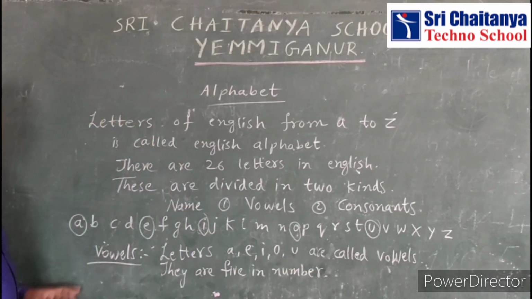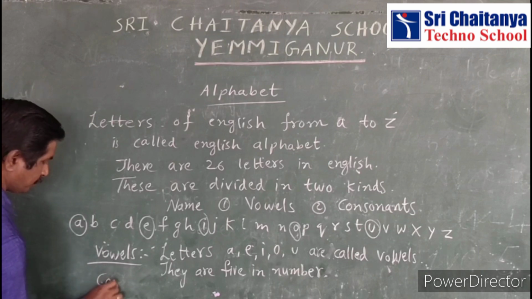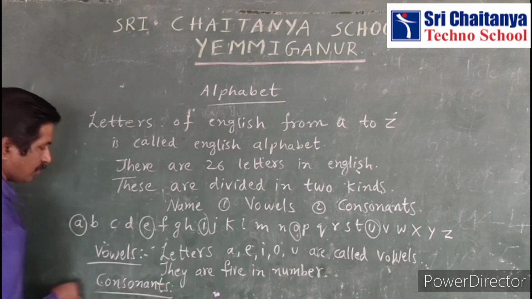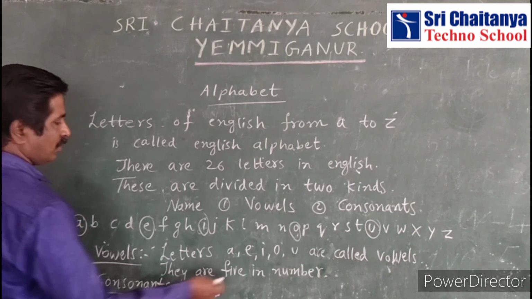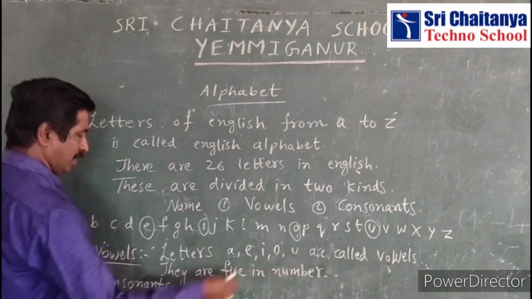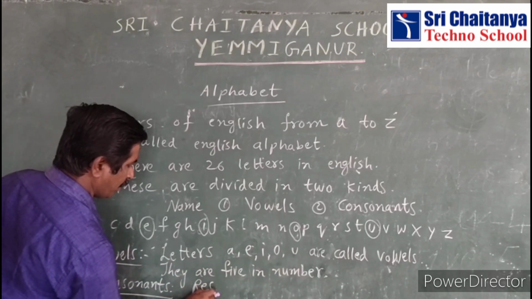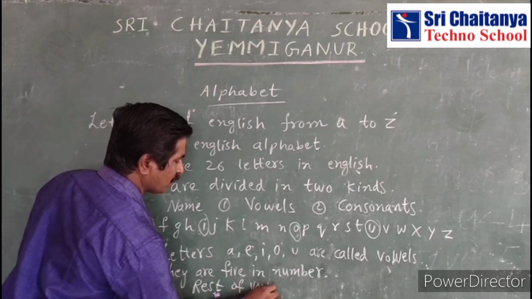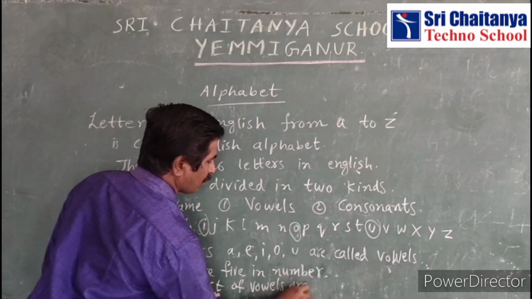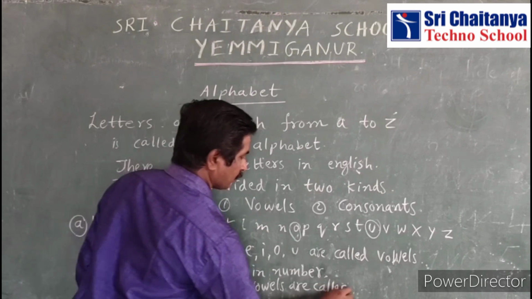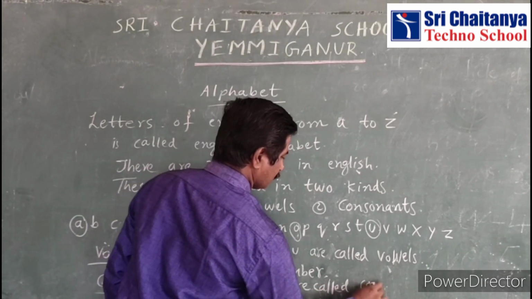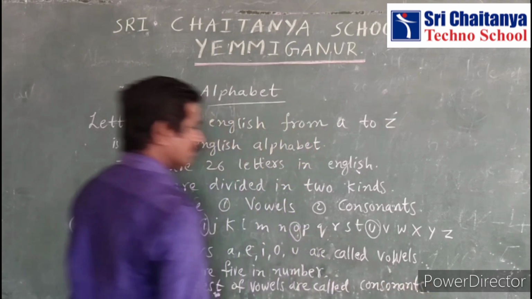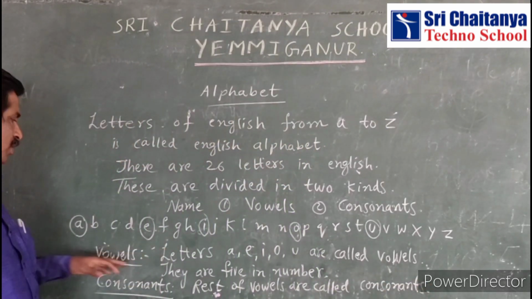Next, coming to the next point, consonants. What are called consonants? The remaining letters, other than A, E, I, O, U, are called consonants. Rest means remaining. What are the rest?